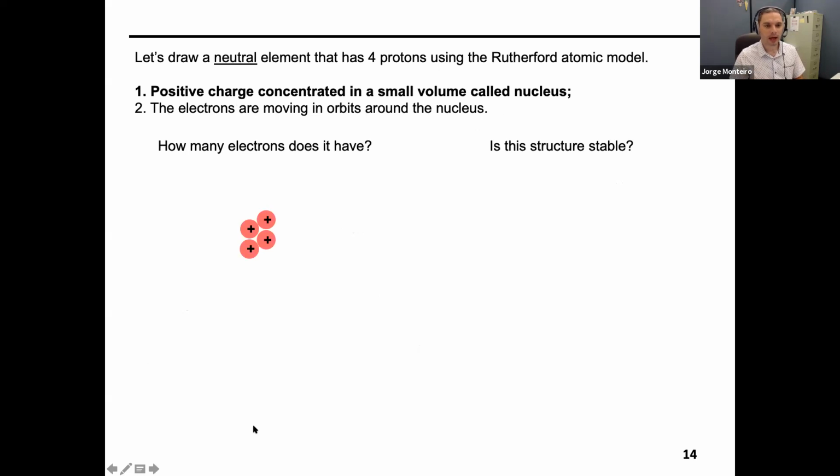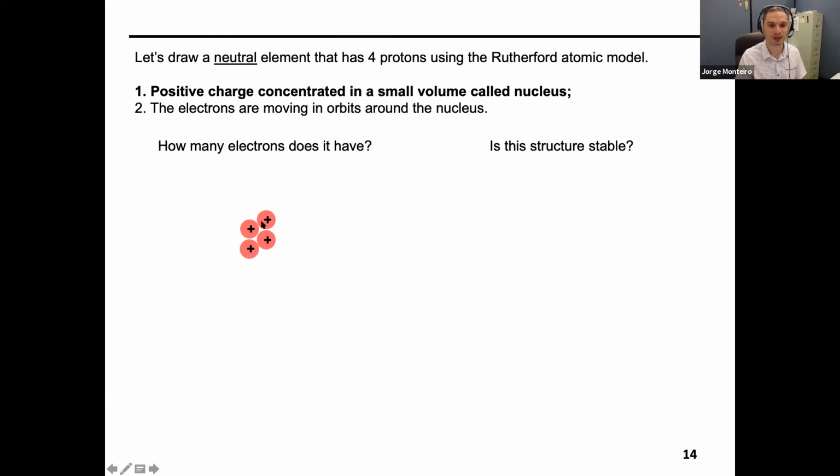What I want to do today is talk a little more about the atom and its components. Let's start by drawing a neutral element that has 4 protons using the Rutherford atomic model. Remember that the positive charge is concentrated in the nucleus.